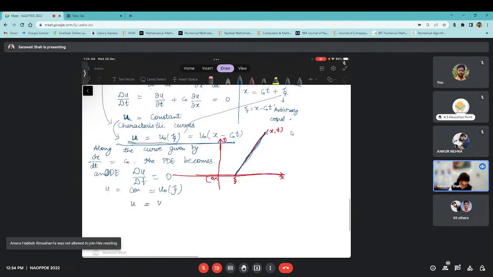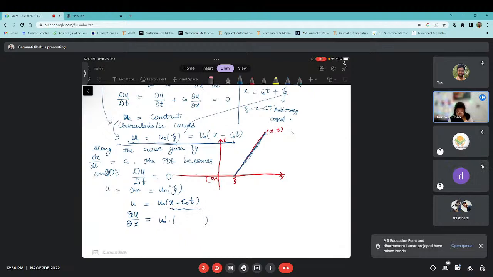u equals u naught of x minus c naught t. So what will be the derivative of u with respect to x? The derivative of u naught with respect to the argument, that is u naught dash, and then the derivative of this argument with respect to x, which becomes 1 minus 0.